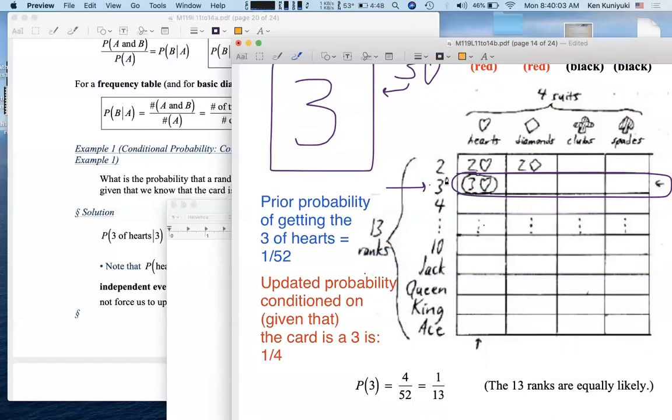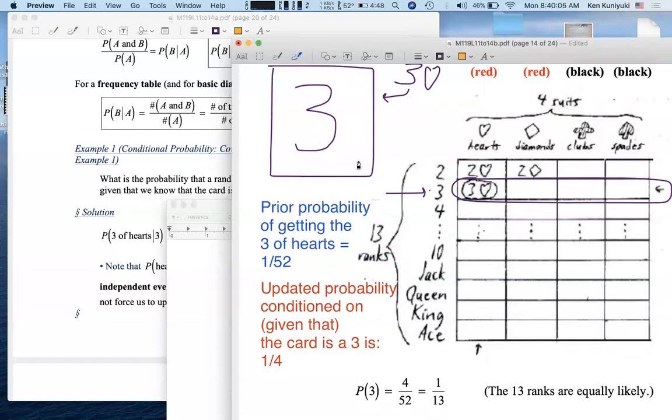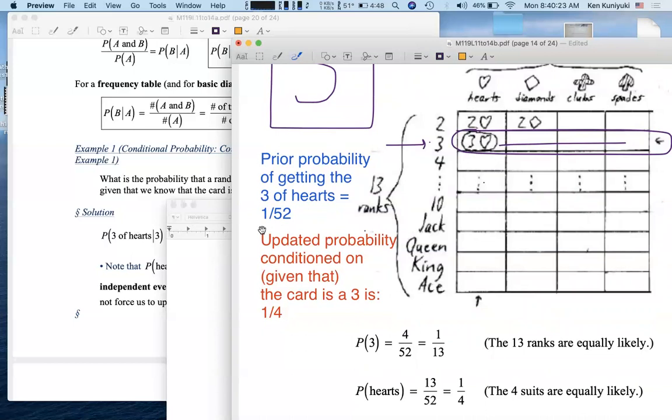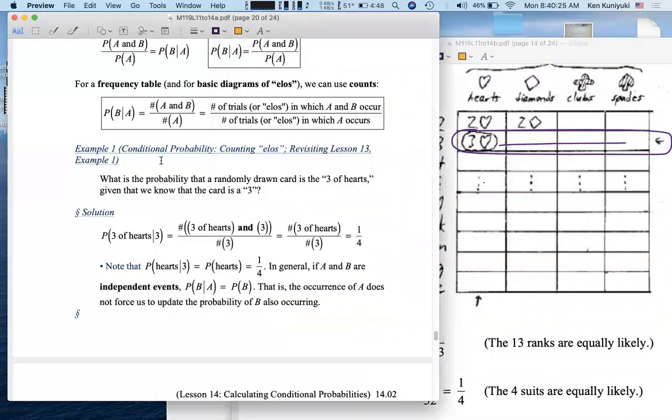Because before, we had a pool of 52 cards that this card could have come from. If I'm telling you the card is a 3, we're now down to these 4 cards, and only one of them is the 3 of hearts. So instead of 1 over 52, it's now 1 over 4. All right, that's the idea of conditional probability.